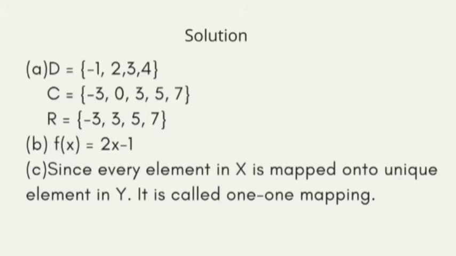That is, all the elements of the codomain that are images in the domain. If you observe from the diagram, 0 is not an image in the domain, and that is the reason why the range is -3, 3, 5, and 7.